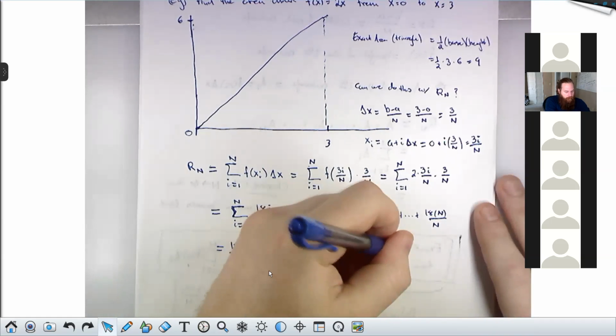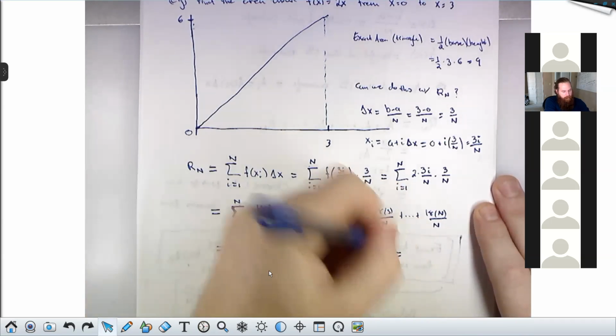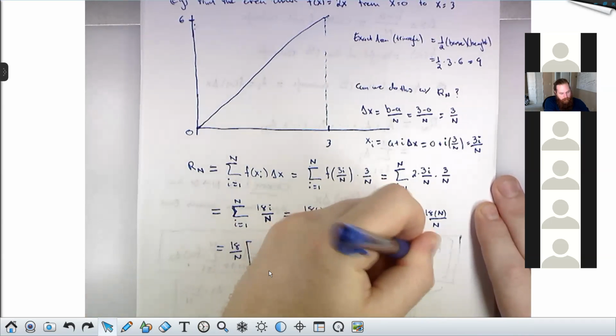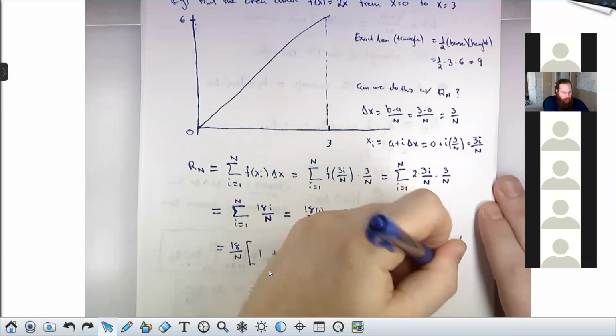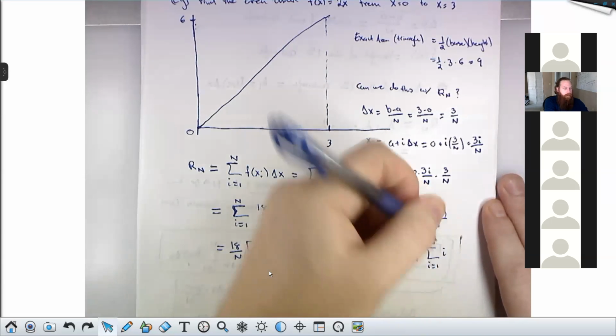In other words, this is the same as 18 over n times the sum from i equals 1 to n of i.